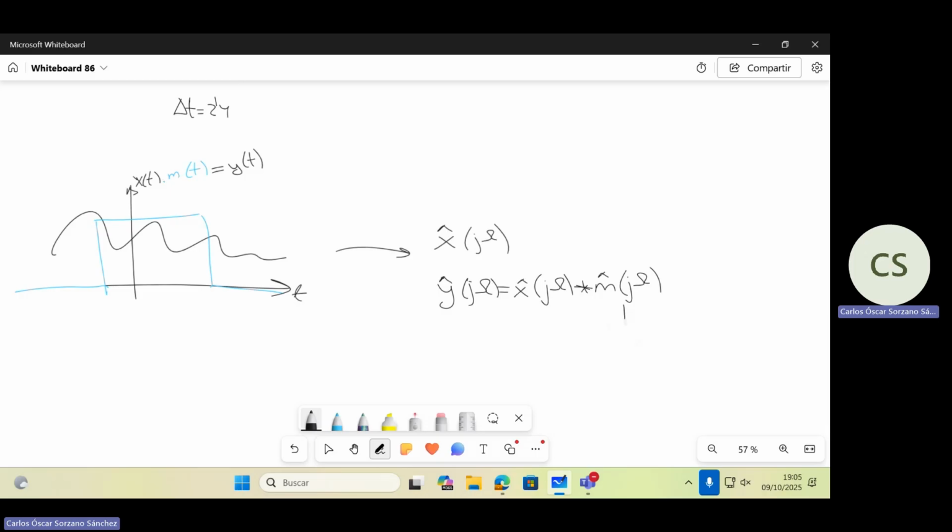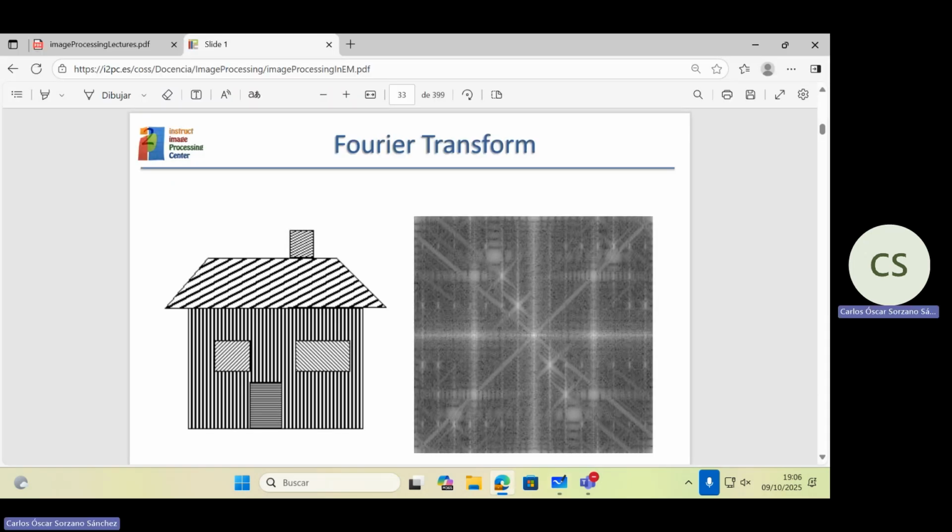So if it's a pulse, then the Fourier transform of that is a sinc. So we will be convolving this with a delta. What we have is the convolution of a delta with a sinc. Very good. So this is for this window, for this door.